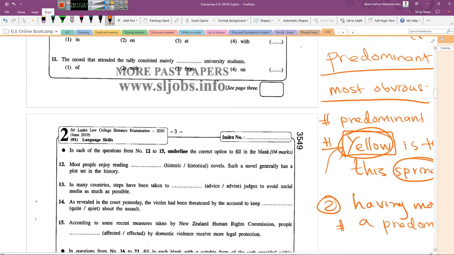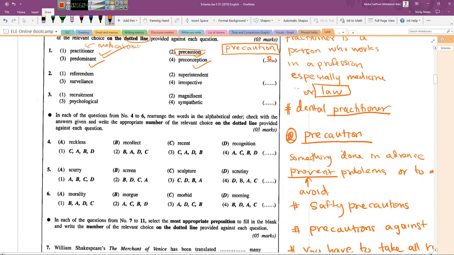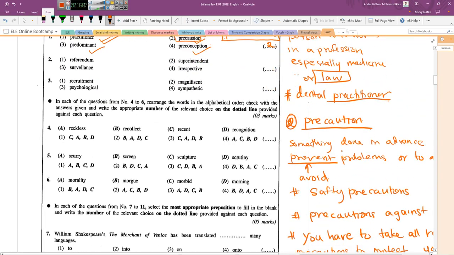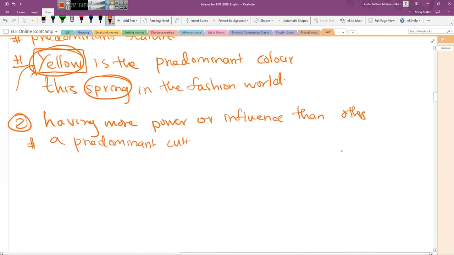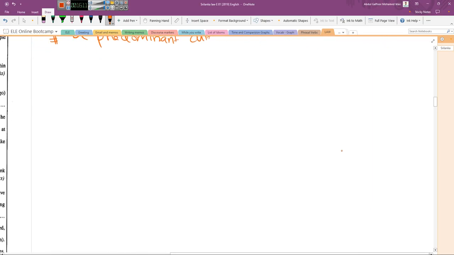Okay. Again, now we will look at the last word that we have, preconception. Let's see what preconception is. Preconception means nothing but assumption, right?